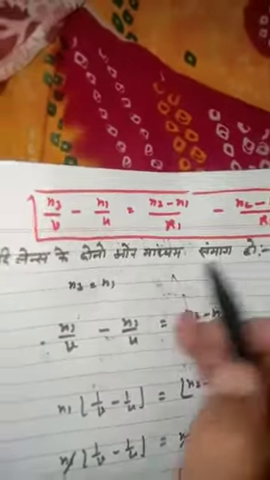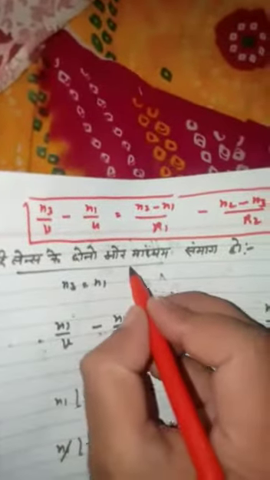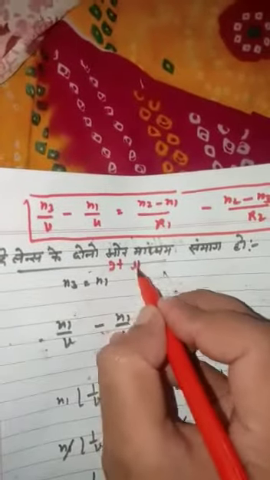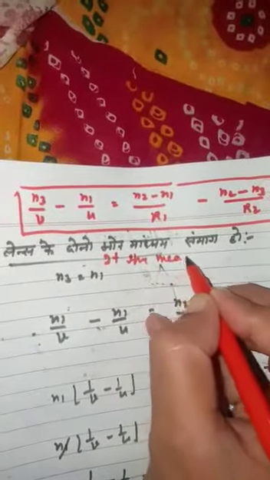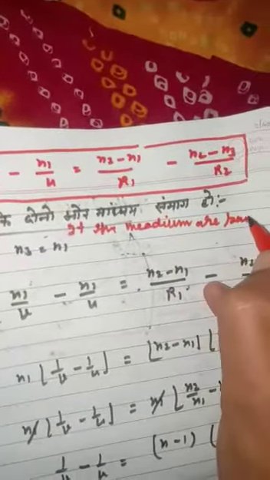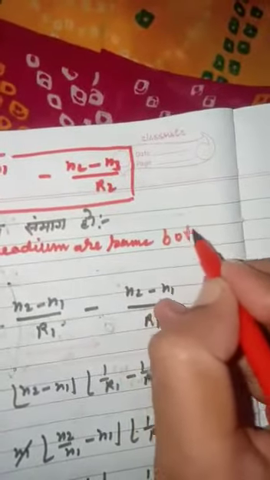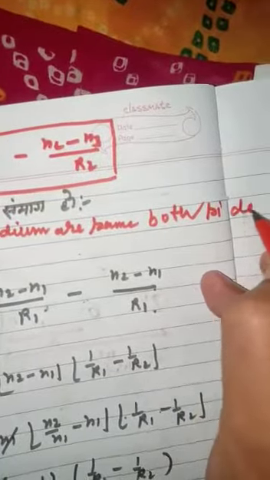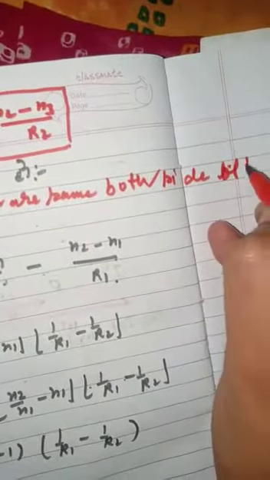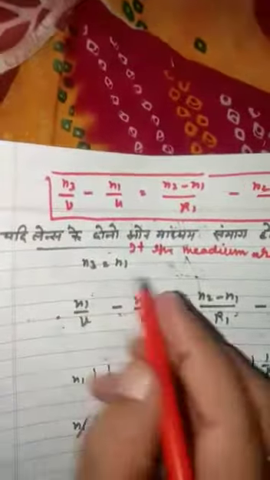If the media are the same on both sides of the lens, then N3 is equal to N1.